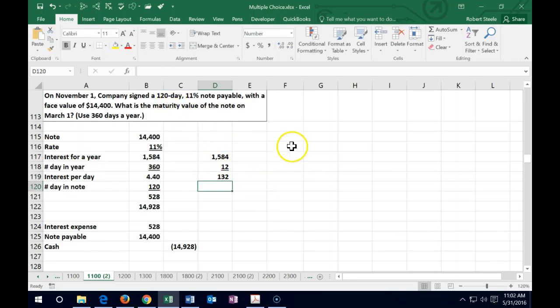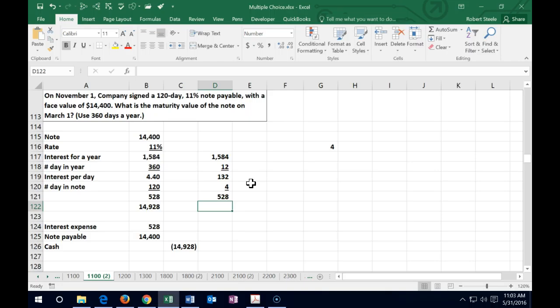Well, there's 120 days, and if we say 120 days divided by about 30 days in a month, it's the same estimate they're making with the 360. We can say it's about 4 months, if we assume months to be even, which they're not, which is very frustrating, but we're going to even them out for our calculation here. Then we got the 132 times 4, and there's that. So some people like to think in terms of months, some people like to think in terms of days.